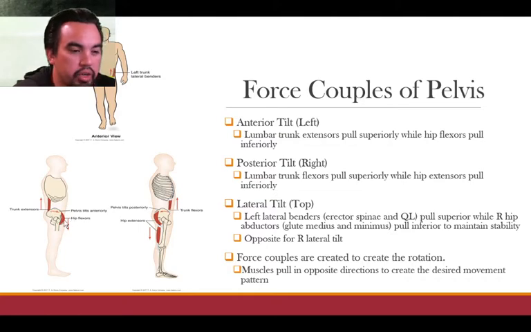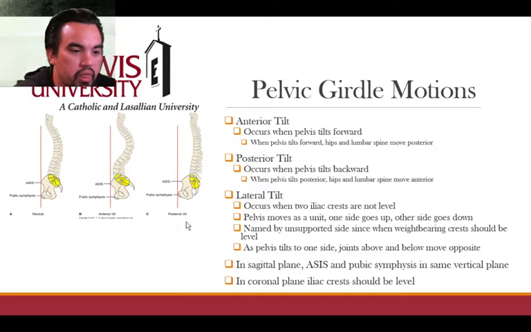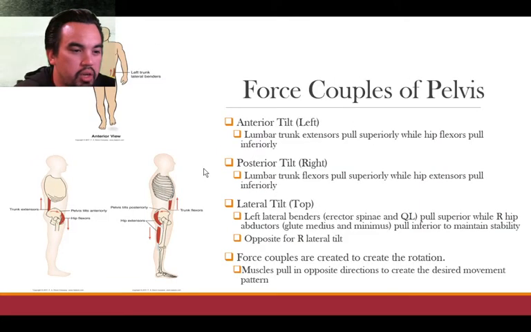So if you were wondering earlier, when we went over this, what causes that anterior tilt, it is this: the trunk extensors, so the muscles on the posterior side of our spine, are contracting and pulling up. Meanwhile, the hip flexors, the muscles on the anterior portion of our thigh, pull down. And that draws this pelvis anterior.